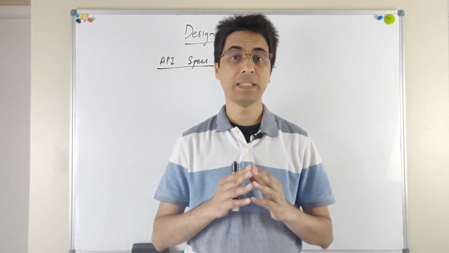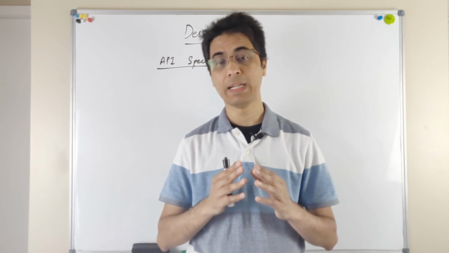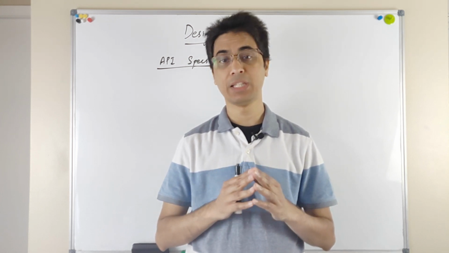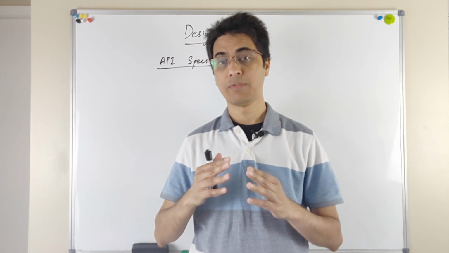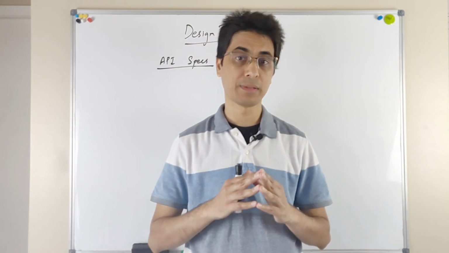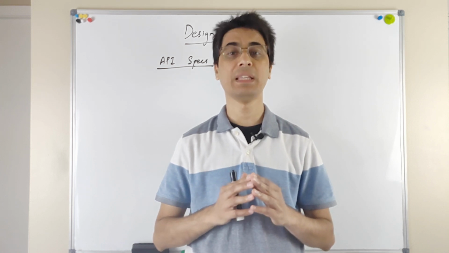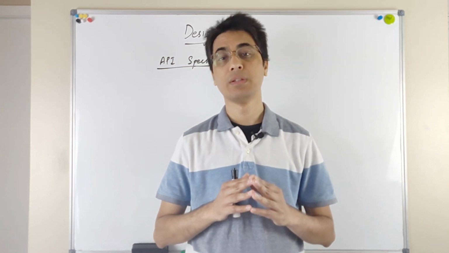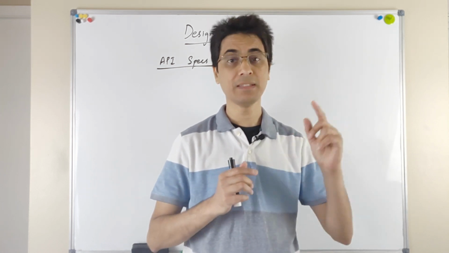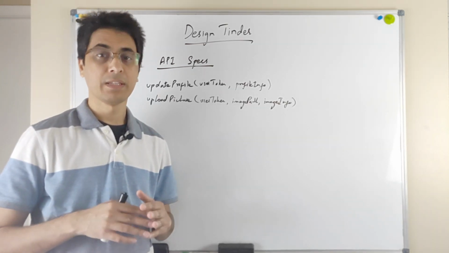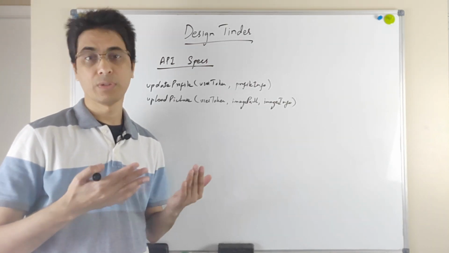In order to validate the account, you need to provide that code, which you received from the Tinder service via SMS, to the Tinder application. We have already discussed those APIs in our previous video on designing the WhatsApp service, so you should go and check that video here.